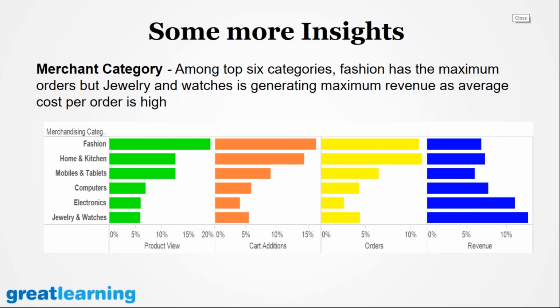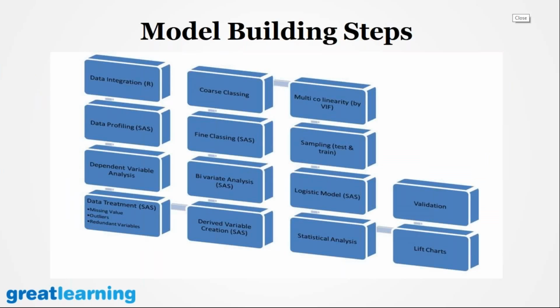So what we did was to figure out the propensity. We had orders as the response variable, and we used logistic regression. If a person is ordering, it gets a value 1, else a value of 0, so it is a dichotomous variable. The rest of the variables we have been talking about till now were all fed into the model. The steps taken for building the model are here, although I'm not going to get into each of them.